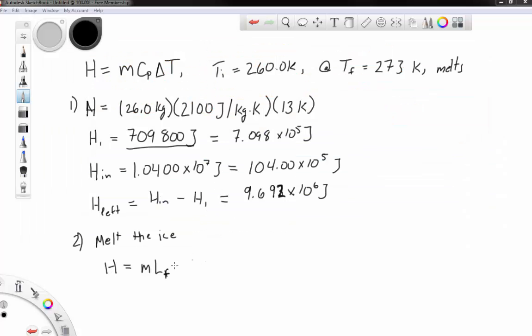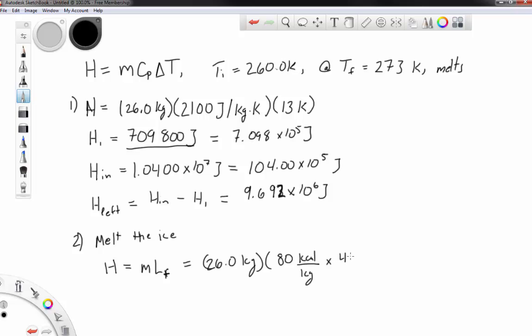So what we have here then is 26.0 kilograms times 80 kilocalories per kilogram, which we should probably convert over to joules per kilogram.